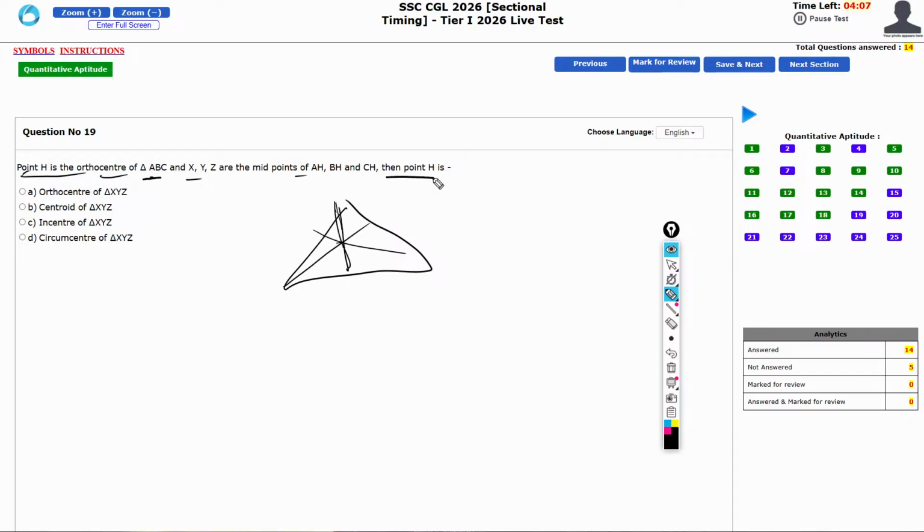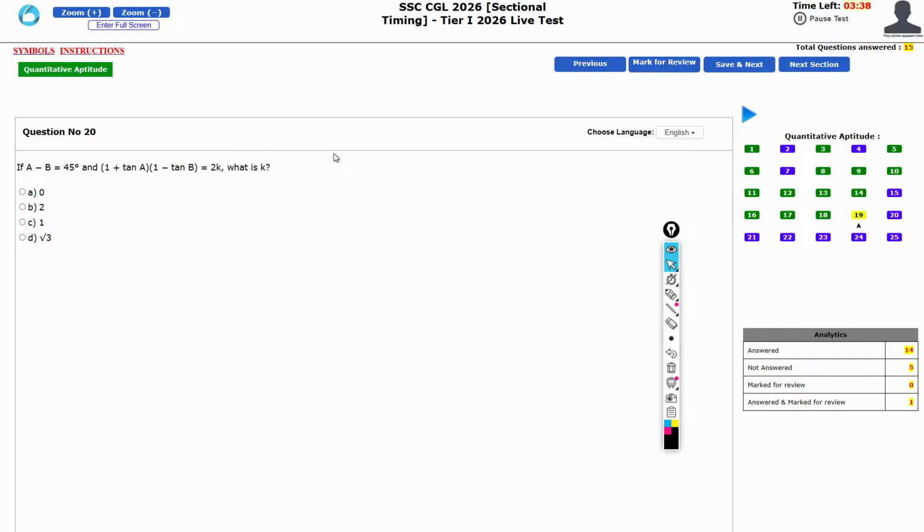XYZ are then the point midpoint of this center, right? I think it should also be the ortho center of them also. So just guessing. So 3 minutes left. Got so many to do. So A minus B is this.